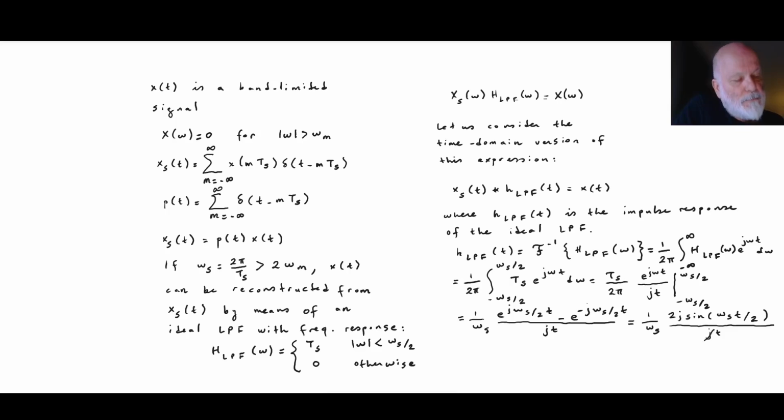So the j's will cancel out. So h LPF of t, the impulse response of the ideal low-pass filter, turns out to be sine of omega s t over 2 divided by, again, omega s t over 2.